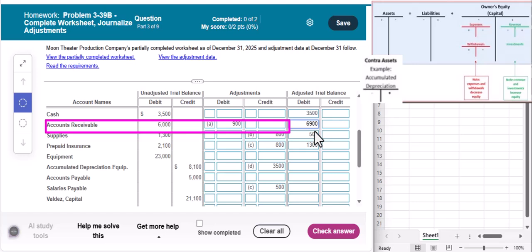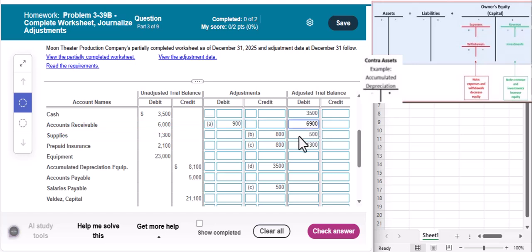Now, since we already did these while we're doing the adjustments, we know we have $500 worth of supplies left and $1,300 as a balance in our prepaid insurance. So that looks great. And then equipment, that's our last asset here. We didn't touch it, so our balance remains the same for 23,000.